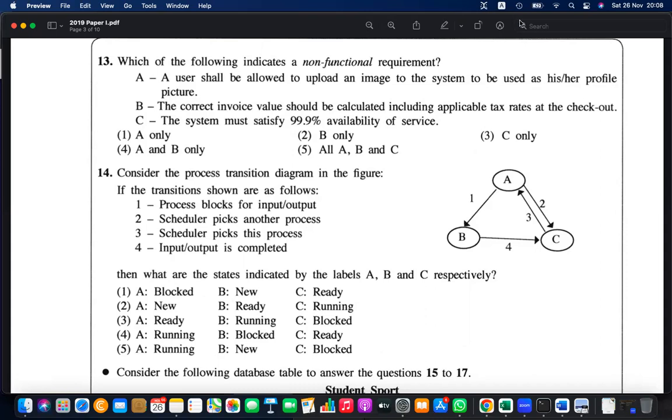Ability to record a meeting is a functional requirement of Zoom. Ability to join students is a functional requirement. Ability to start the video, ability to enable audio, these are functional requirements.